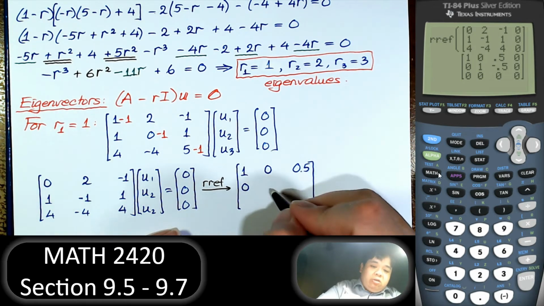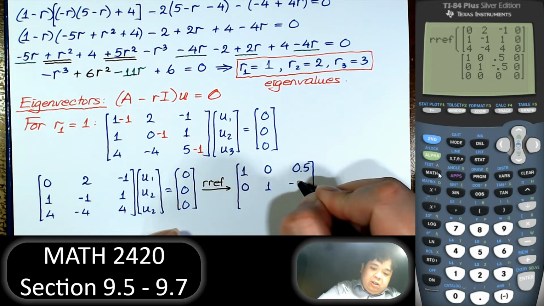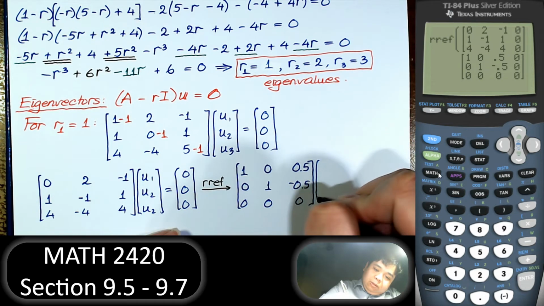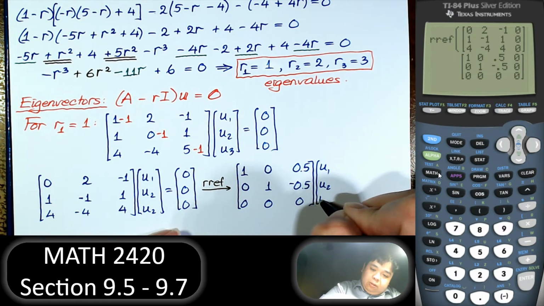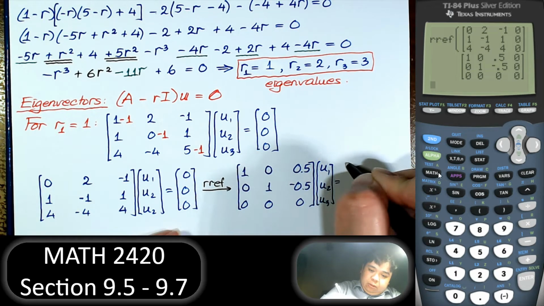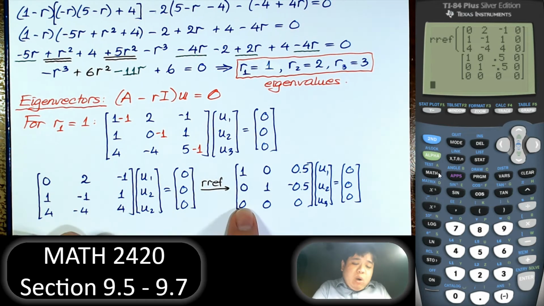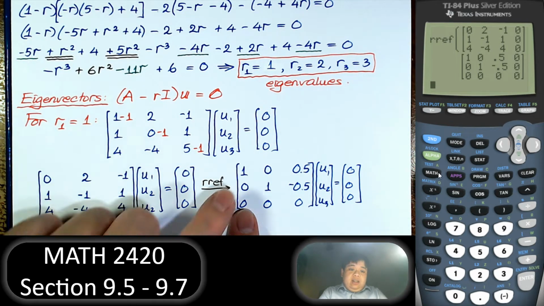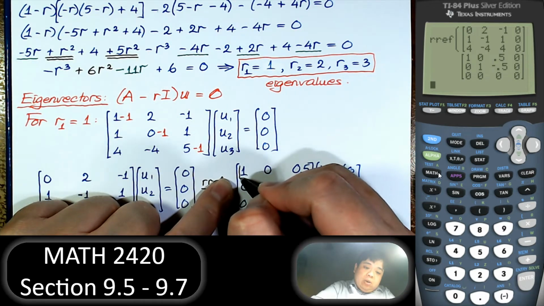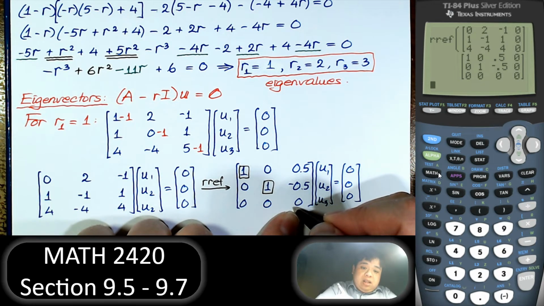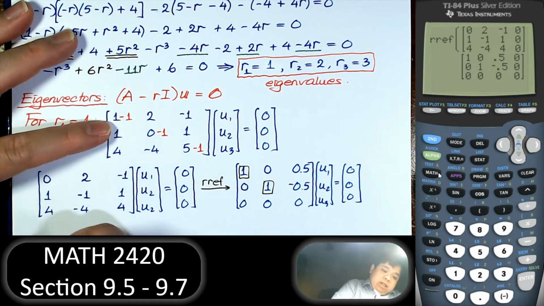I write this in matrix form though, not in augmented matrix. Right. Now look, this one we have 1. That is the pivot, or the leading one. So this column is basic, this column is basic, this column is not basic, so we're going to let U3 be arbitrary because that corresponds to U3.